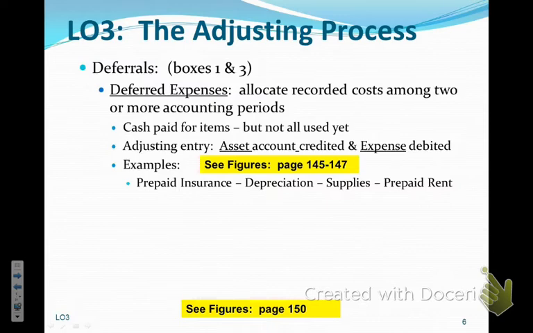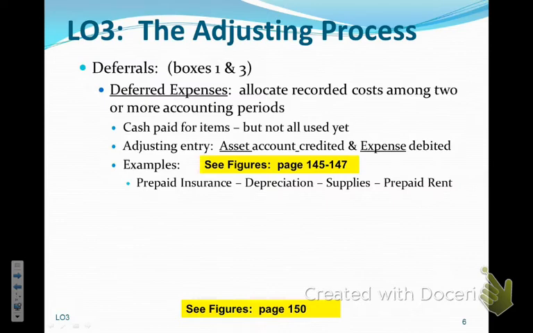And in this case, cash has already been paid. So then what we're going to look to do is adjust and recognize how much of the item that has already been paid have we used up. So examples of typical types of deferred expenses would be prepaid insurance or supplies. We've already paid for those items, and now in each accounting period, we're going to show how much of that item has been used up.